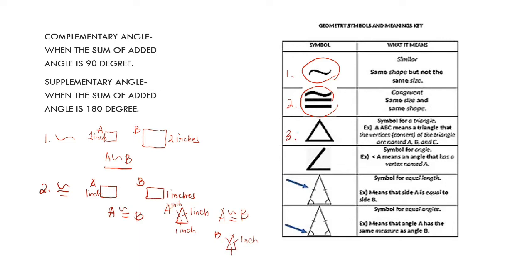Third symbol natin, which is a triangle. So this symbol is for a triangle. Instead of writing the word triangle, we can write the symbol only.